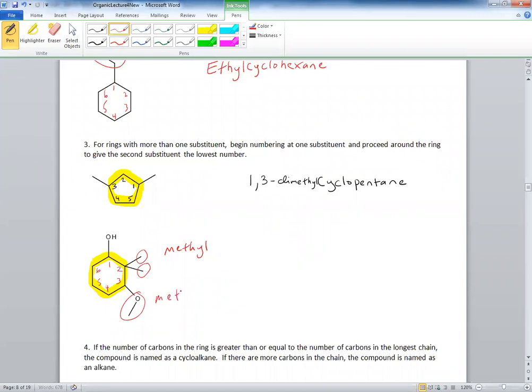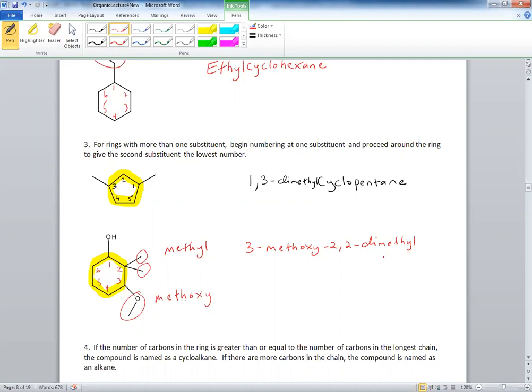So be careful in the alphabetization here. This should be named first because methoxy is M-E-T-H, and dimethyl, not a fancy word, O, here you have a Y. Therefore, this is first. So you have 3-methoxy-2,2-dimethyl.